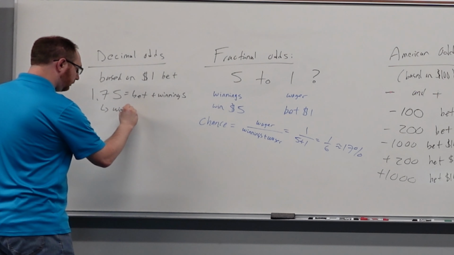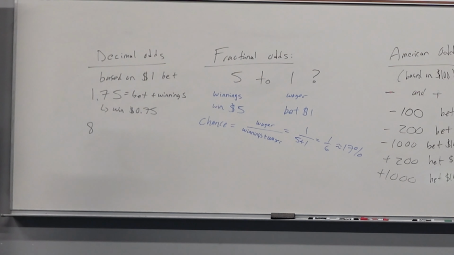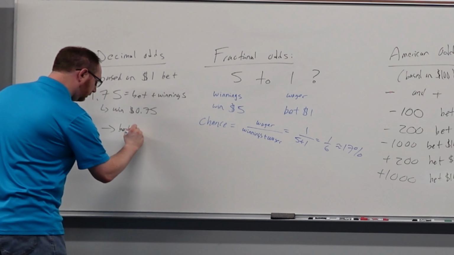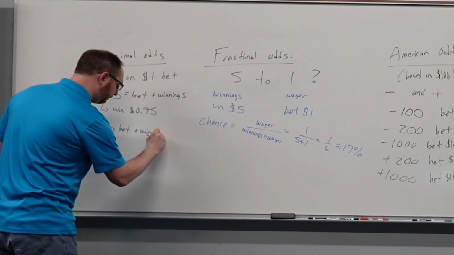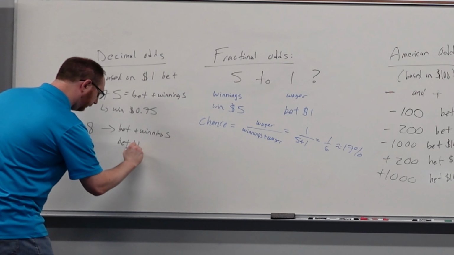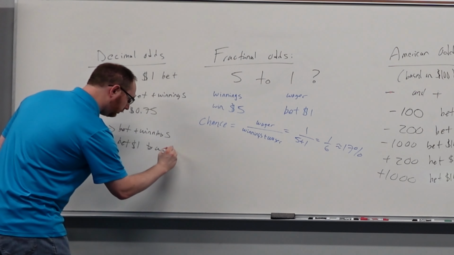And if you want to figure out odds with this, you take your bet over the decimal. So say instead the decimal odds is like 8. If this is the odds, this would mean the bet plus the winnings would imply that you're going to bet $1 to win $7.